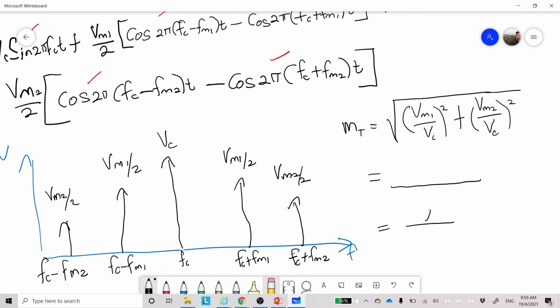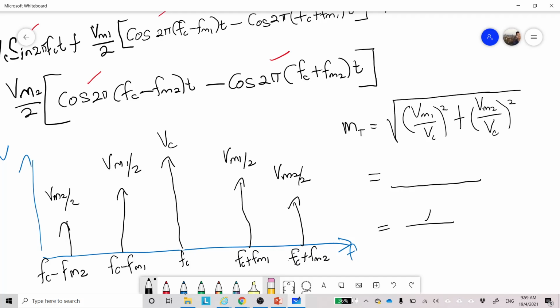And then plus Vm1 over 2 square divided by 2R, plus Vm2 over 2 square divided by 2R. So this is the second input frequency, plus Vm2 divided by 2 square divided by 2R.